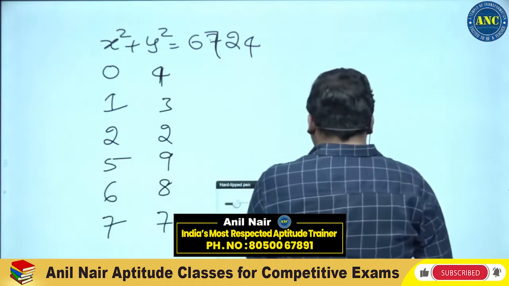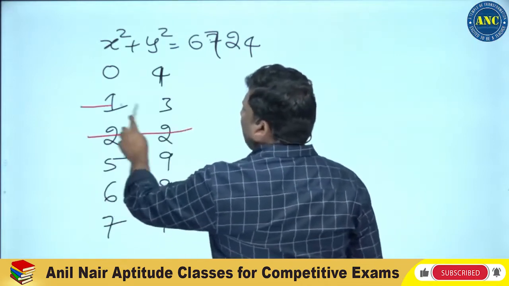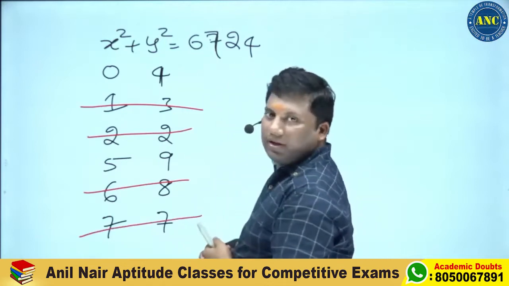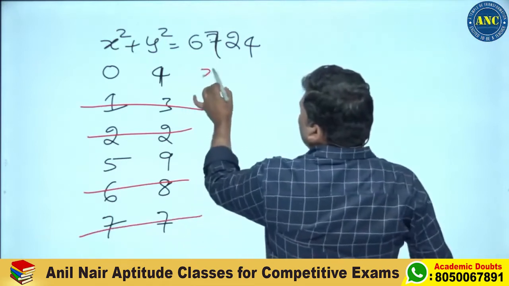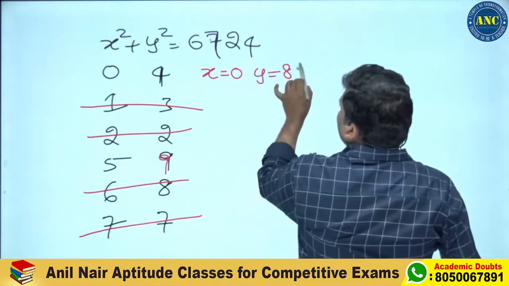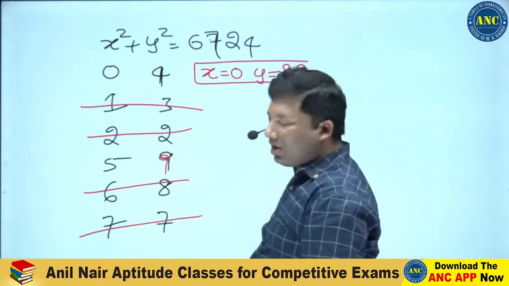A perfect square never ends with 2, 3, 7 or 8. These are not possible. So in the first case we got x value 0, y value 82. This case is not possible.